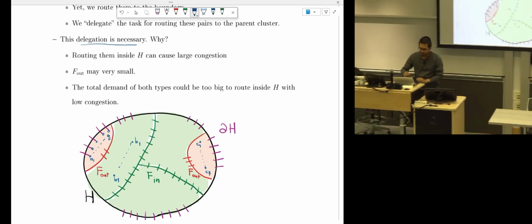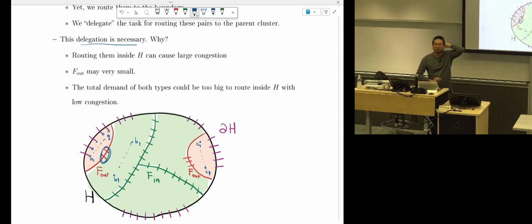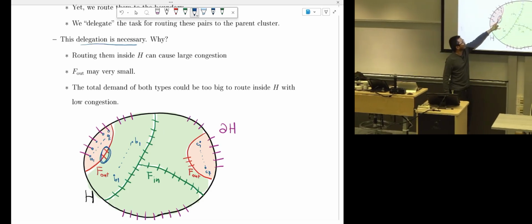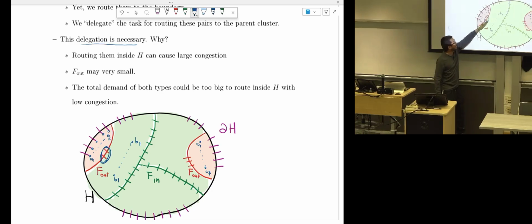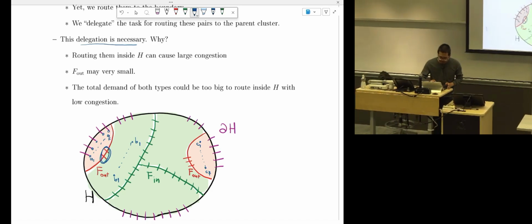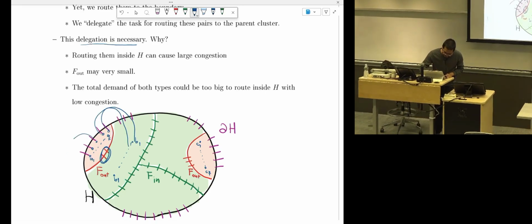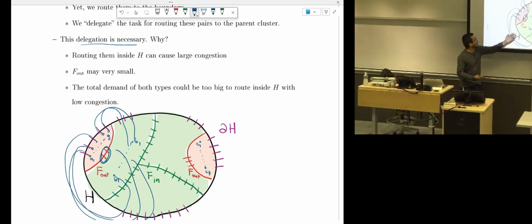It means that you need to go through these min cut edges. But there is no guarantee that these min cut edges are big enough. This cut maybe is tiny. So then this routing will cause large congestion that we don't want. Because maybe the correct way to route with low congestion is not to go through this.